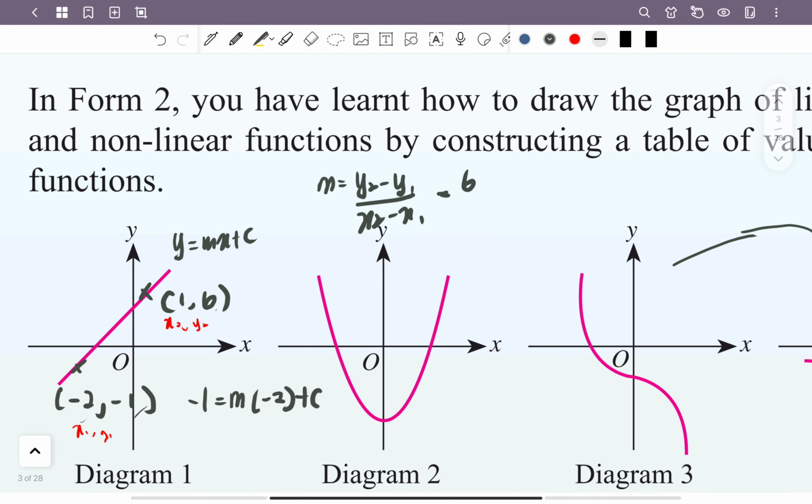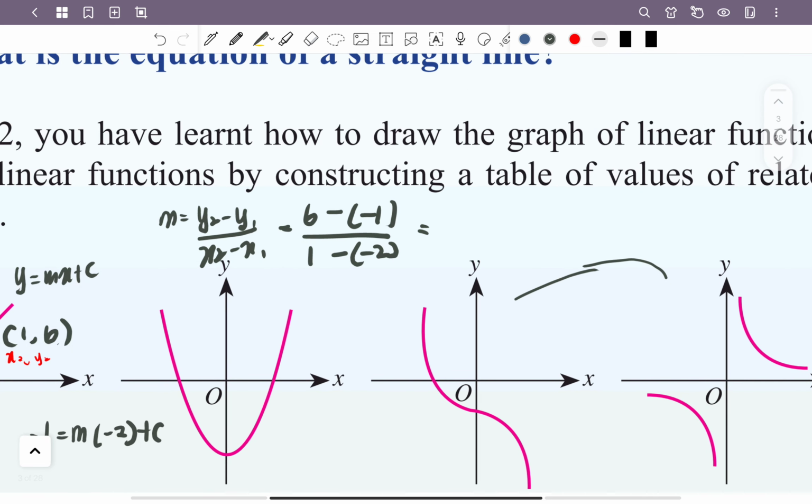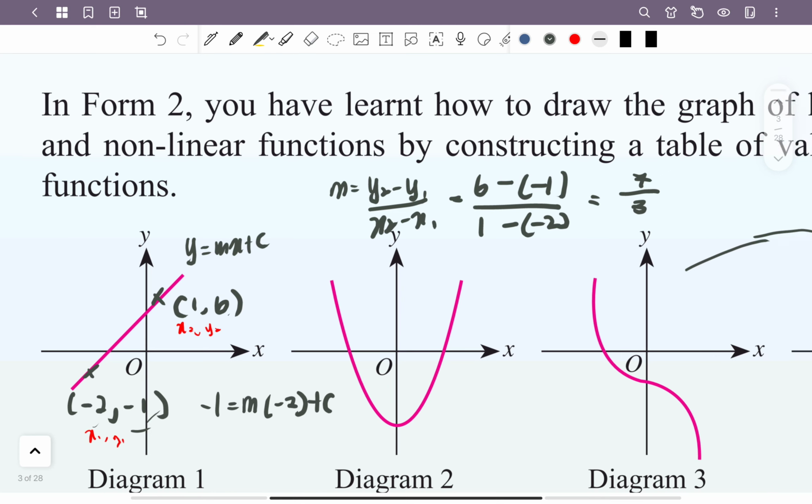Now to find the gradient, just substitute. 6 minus y1 which is -1, and then divide by x2 which is 1 minus x1 which is -2. So you have your gradient, 7 over 3. So now rewrite your equation: y = 7/3 x + c.